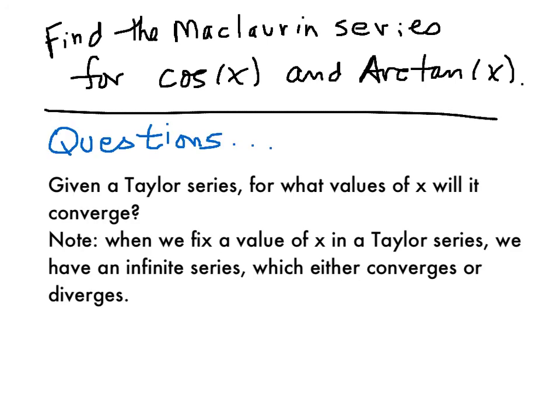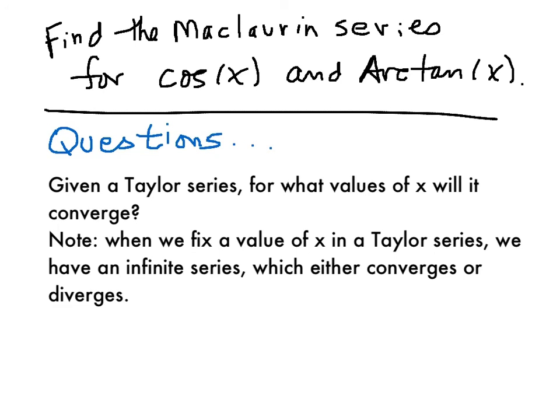So here are two upcoming questions that we have to answer. The first one is, if we have any Taylor series, for what values of x will it converge? And what you should believe is that it will always converge exactly at the center. The question is, how far can we go on either side of the center and still get an infinite series which converges?